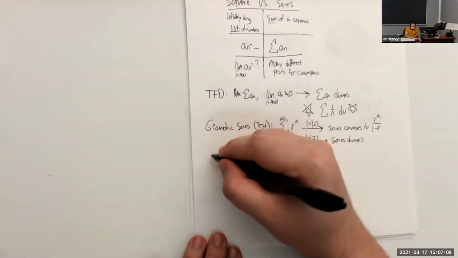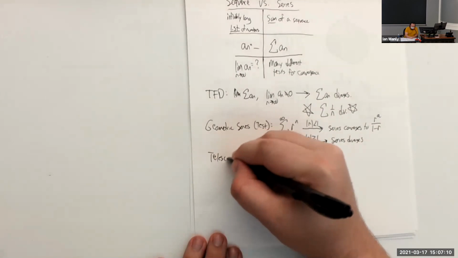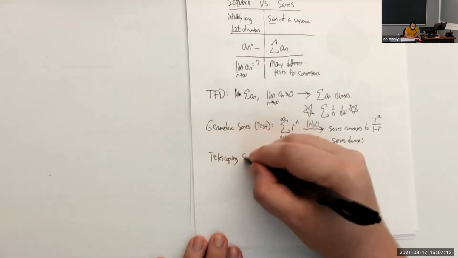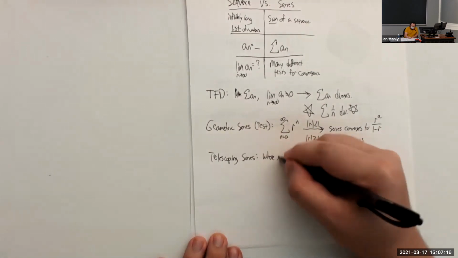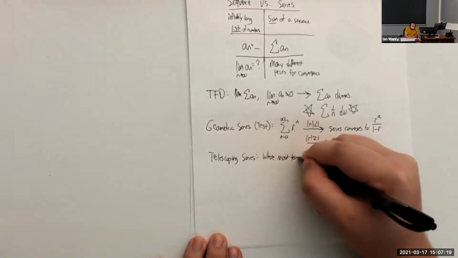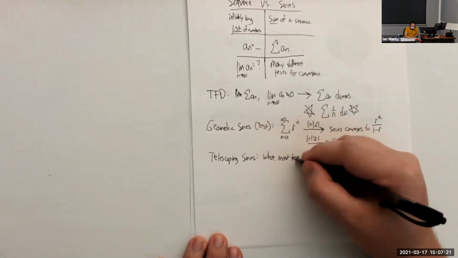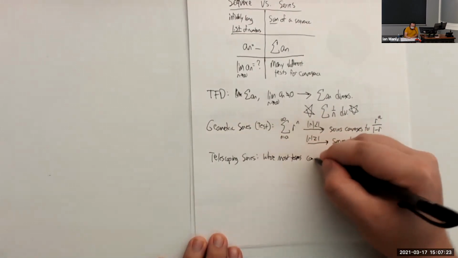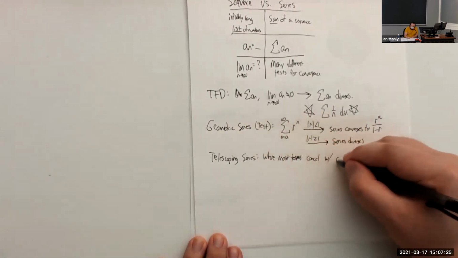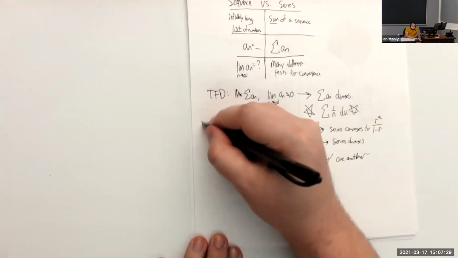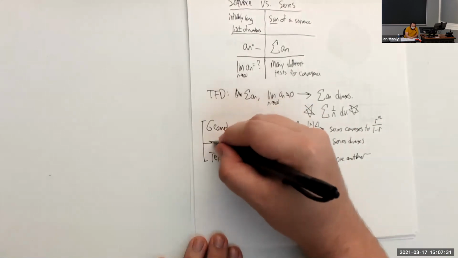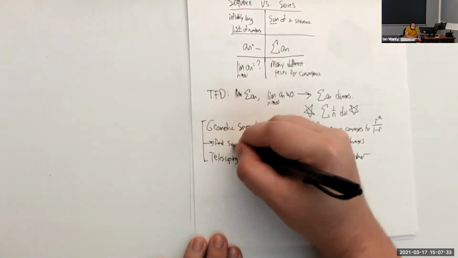And then the other series where we can usually find the sum is a telescoping series. This is where most terms cancel with one another. So these two, you can find the sum of.